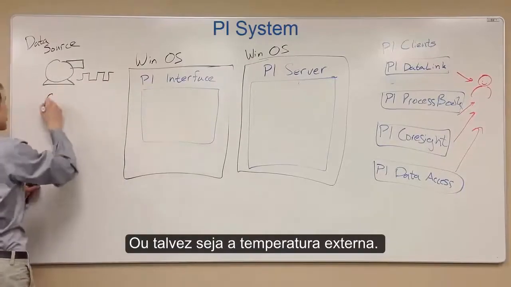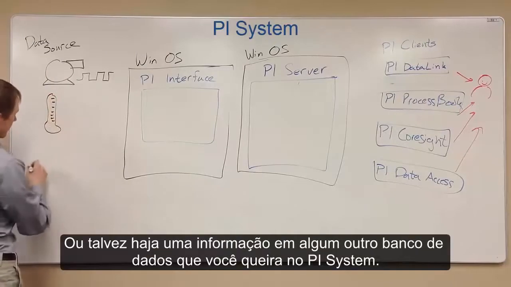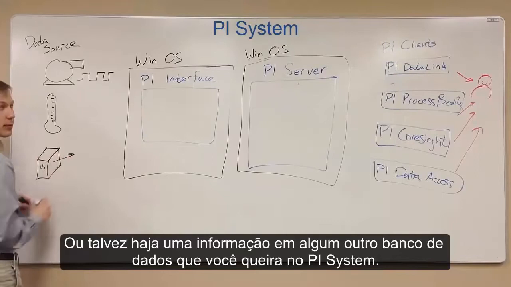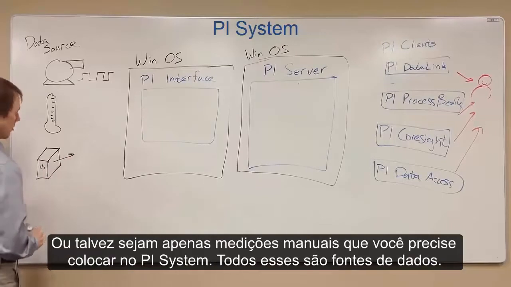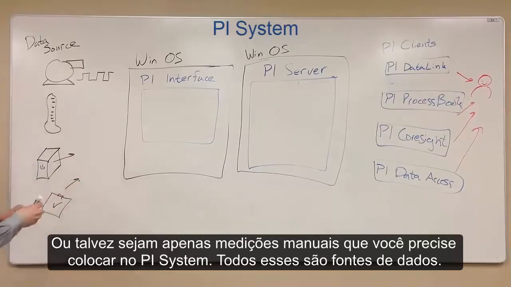Or perhaps it's the temperature outside. Or maybe there's information in another database that you want in the Pi system. Or maybe there's just manual measurements that you need to put into the Pi system. These are all data sources.